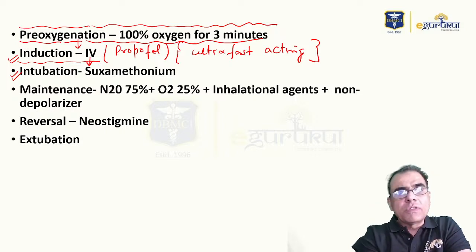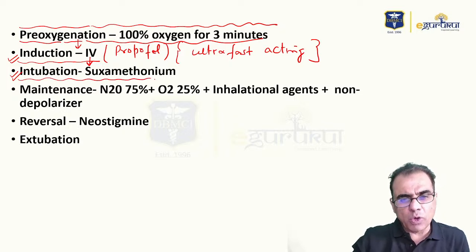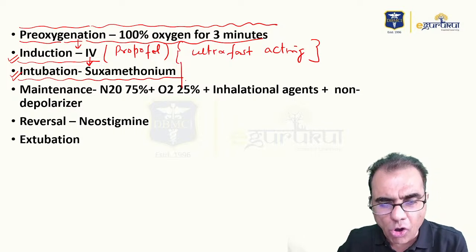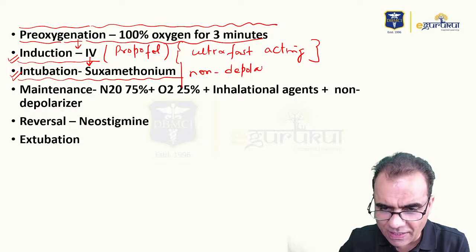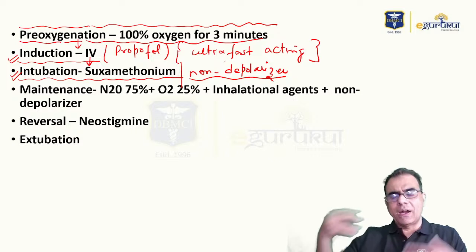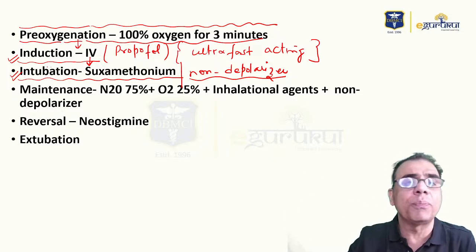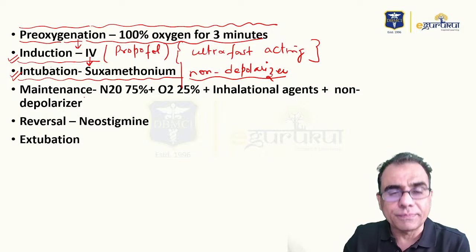So we have to give a muscle relaxant, whether it is a depolarizer or a non-depolarizer. That we'll discuss later. Once the patient gets relaxed, we intubate the patient and confirm the position of the endotracheal tube by capnography.